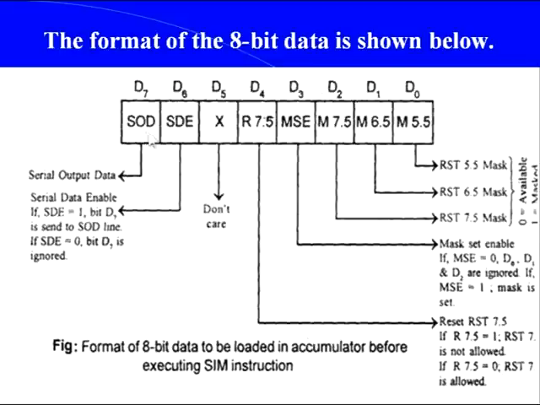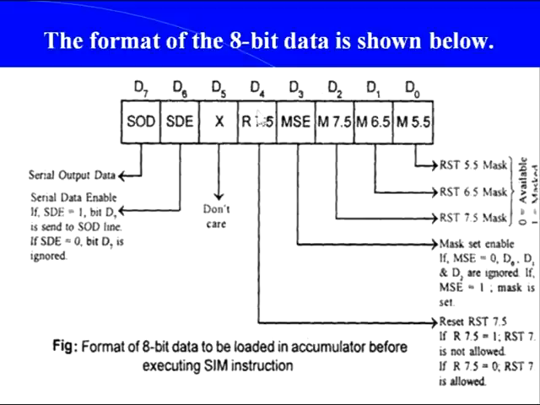These two are exclusively designed for serial communication. Whenever the SDE bit is set to 1 and you execute the SIM instruction, the content of D7, either 0 or 1, will be available at the 4th pin of the microprocessor. Bit D5 is don't care.